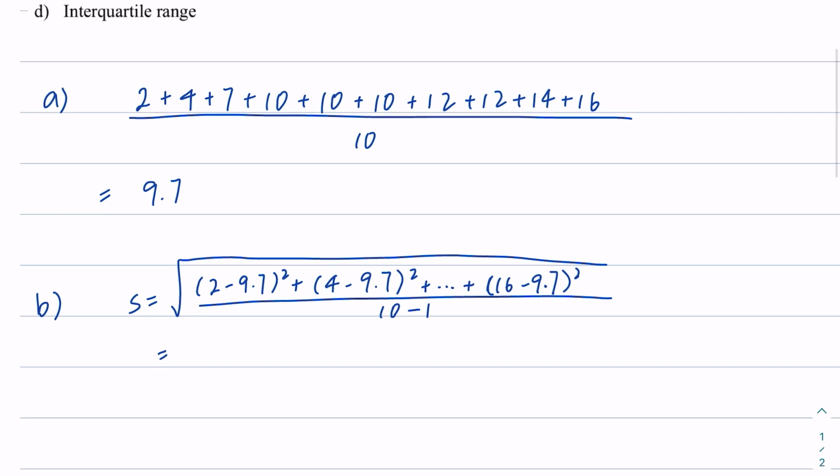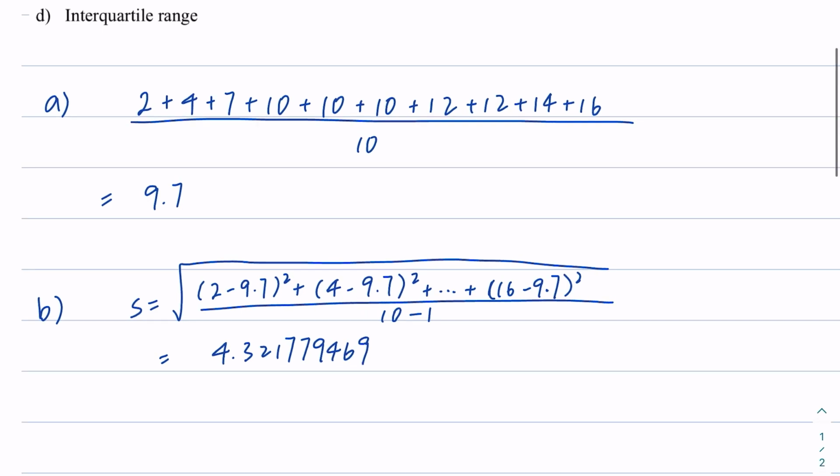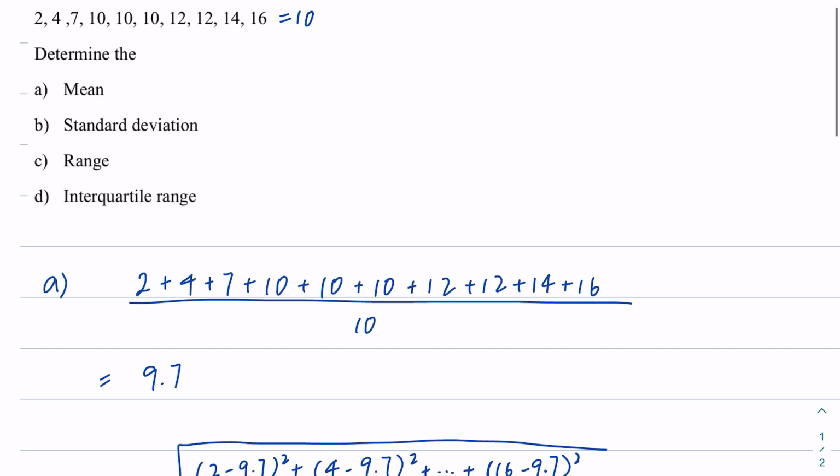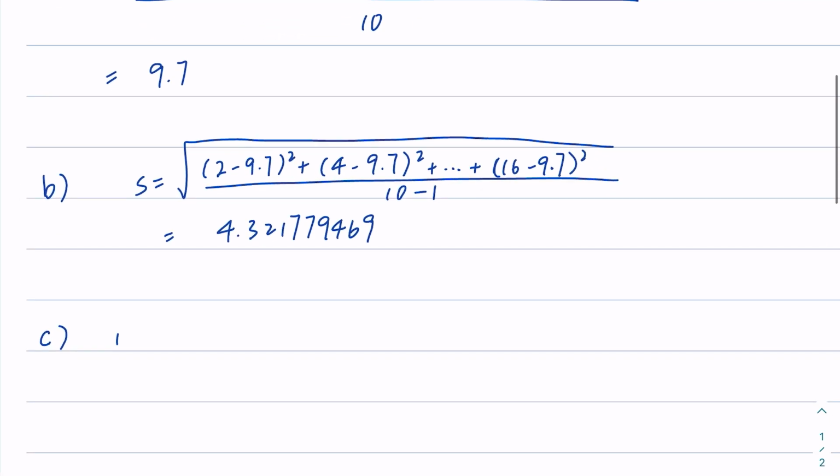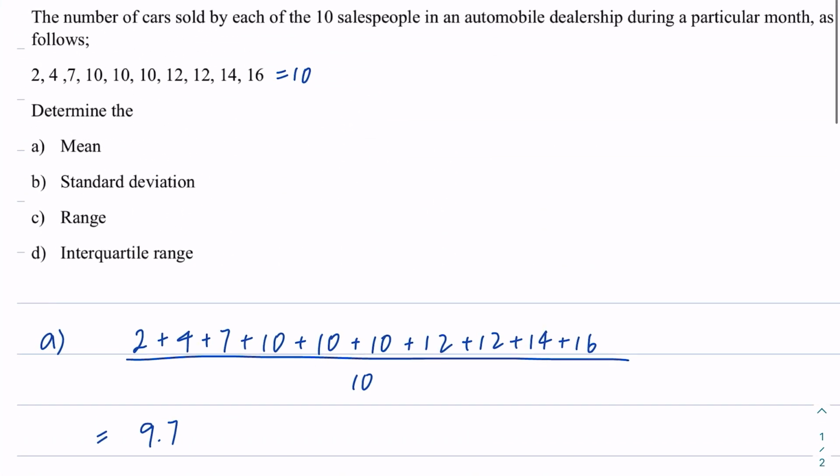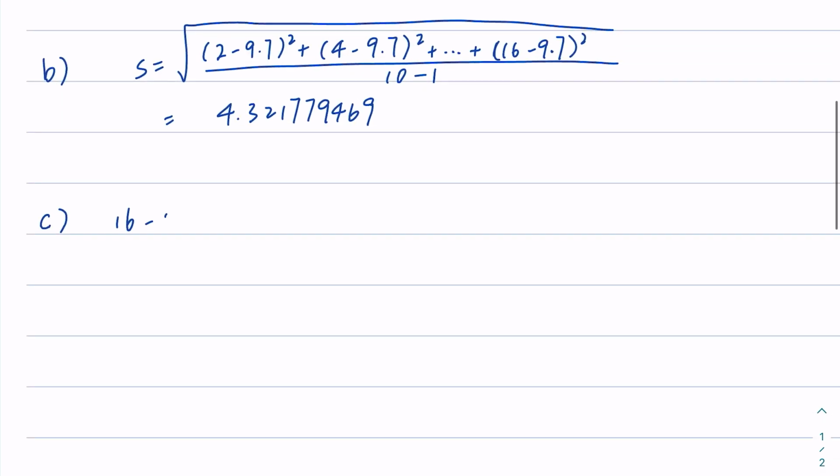So the answer is 4.3217794969. About the range, it is the difference between the extreme numbers. The biggest number here is 16, and the smallest number here is 2. So 16 minus 2 is equal to 14.